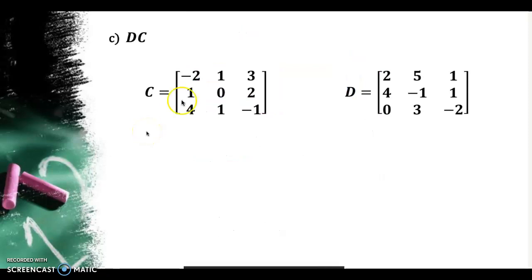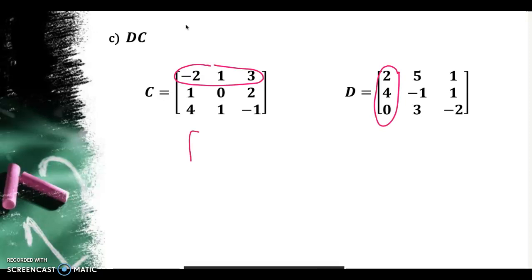Now the order of multiplication in matrices matters. You can also use a calculator, as long as it has matrices on your calculator, to multiply matrix D times matrix C. But let's look at what the first row and first column will be.